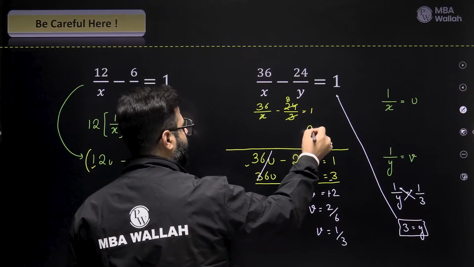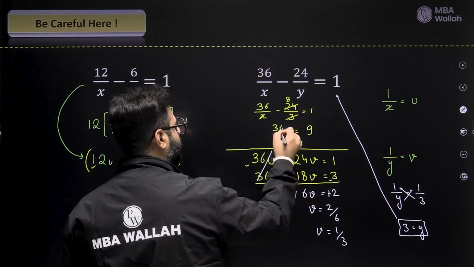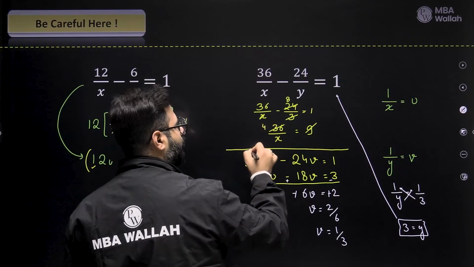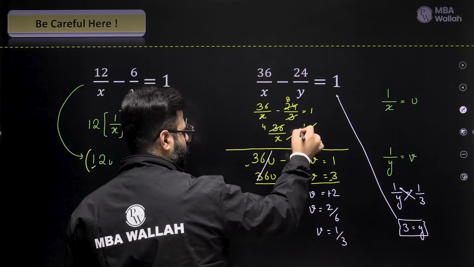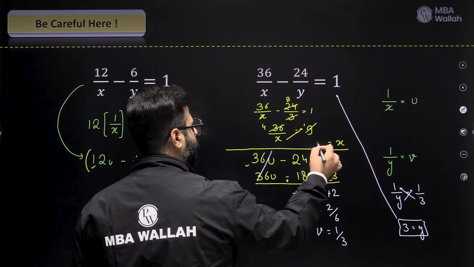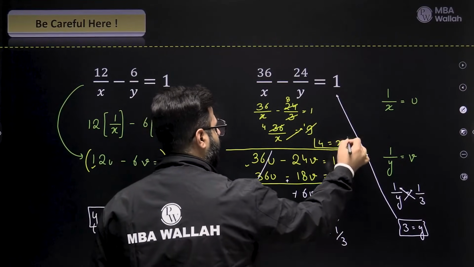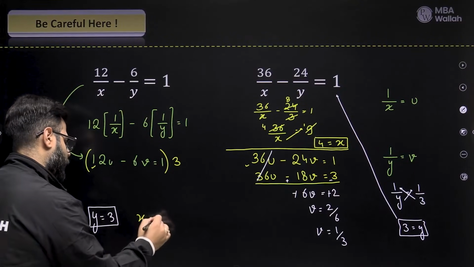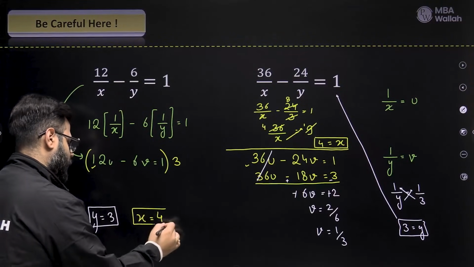So 1 plus 8 is 9. And here you have 36 by x. 9 into 1 is 9, 9 times 4 is 36. Right? x goes over there, gets multiplied. So x is equal to 4, we have 4 on the left hand side. So y is 3 and x is 4, we are done.